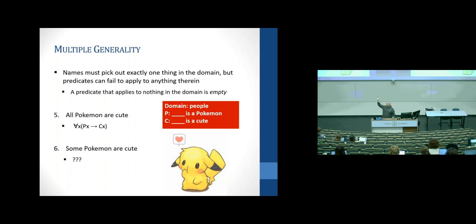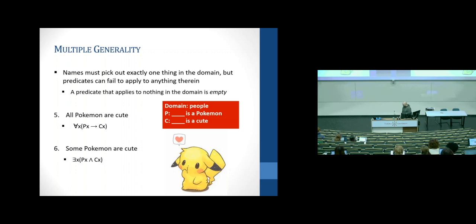Now, how would we, again, using this key, express this sentence, some Pokemon is cute? If we hear some, we know that's always going to be the existential. And if it's the existential, it's very likely to come along with a conjunction. So we're going to say, there's something in the domain that's a Pokemon and is cute.